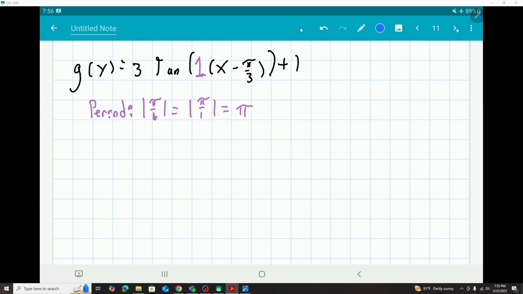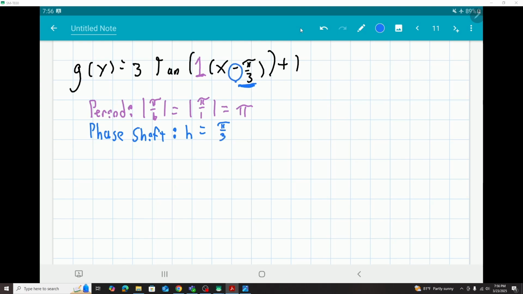Now let's look at the pi over 3. So that's going to be a horizontal shift. It's going to be a phase shift. And so intuitively, before we even start on asymptotes, that should move those too. But here the phase shift is this h, which is pi over 3.